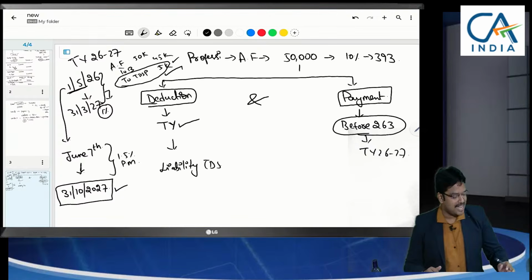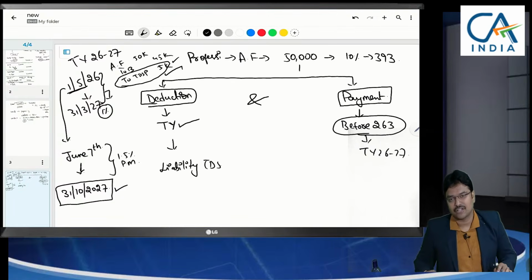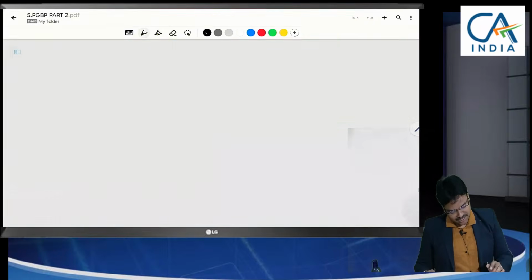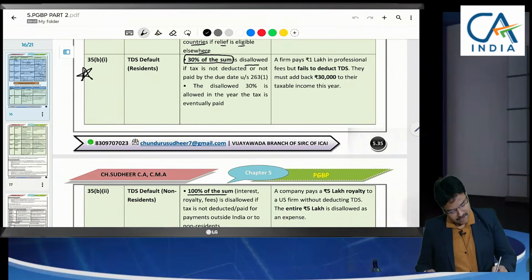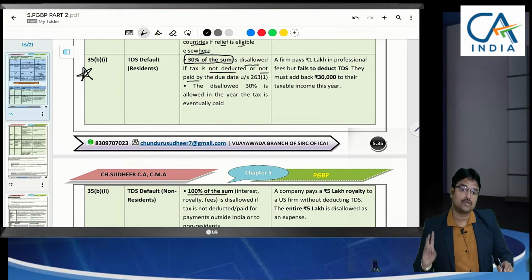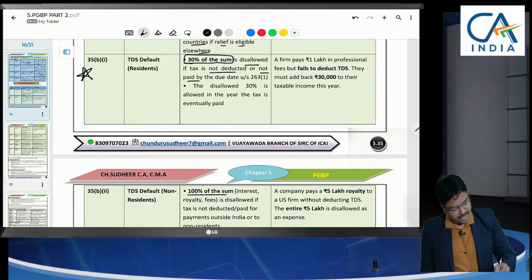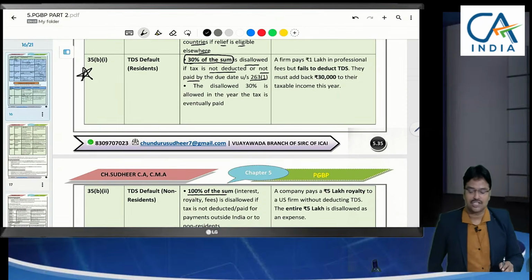So, deduction has to be done in the previous year itself, I mean tax year itself, but payment has to be done before the due date of filing return of income. If anything has been missed, then what happens? 30% has to be disallowed. Tax not deducted, not paid, both have to be done. Deduction should be done during the previous year and payment has to be done before the due date of filing return under section 263.